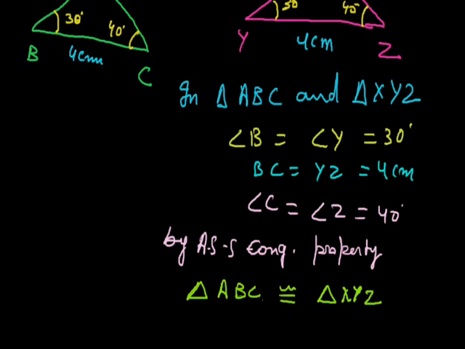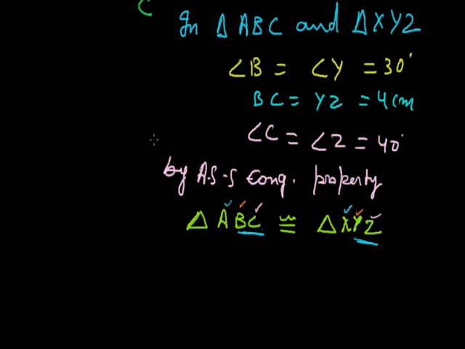You can also see that by writing this in this form, we get the sides also equal, that is BC is equal to YZ and the angles are already equal. Angle A is equal to angle X, then angle B is equal to angle Y and angle C is equal to angle Z. Now after proving that these two triangles are congruent, the remaining sides and angles will naturally be equal.